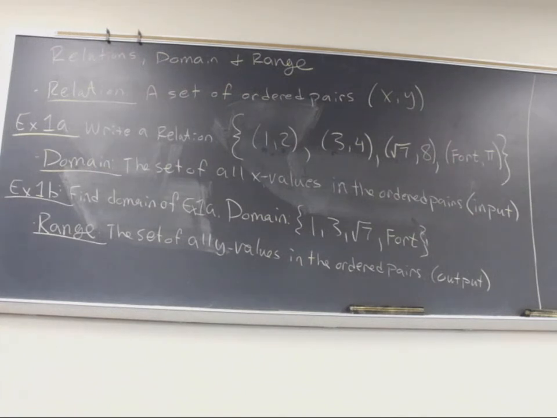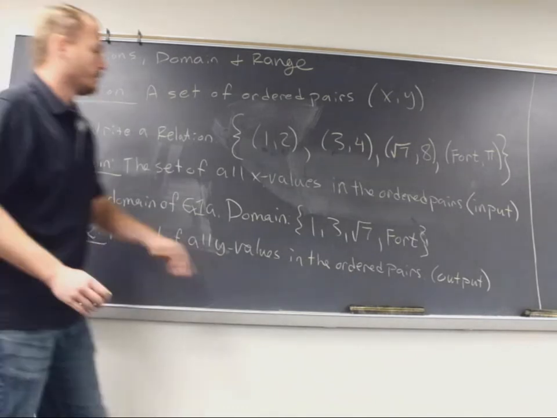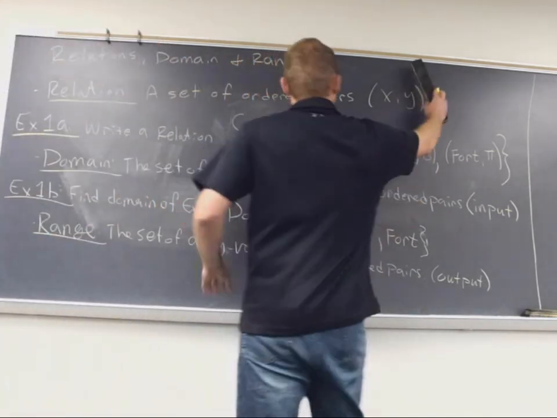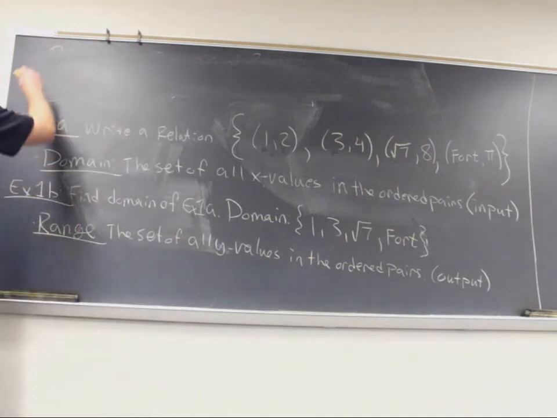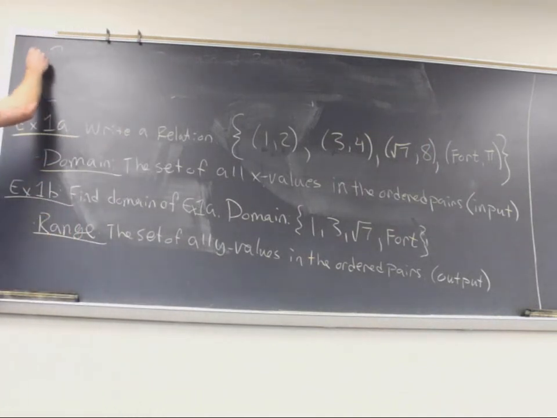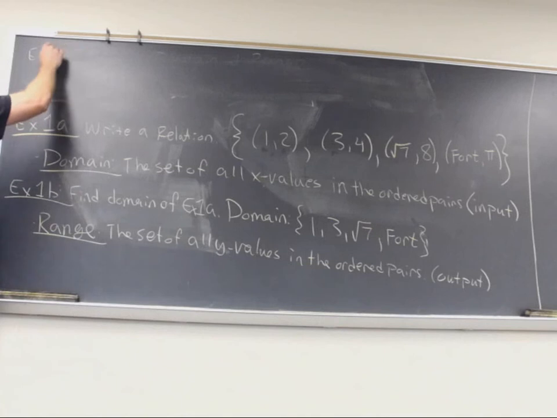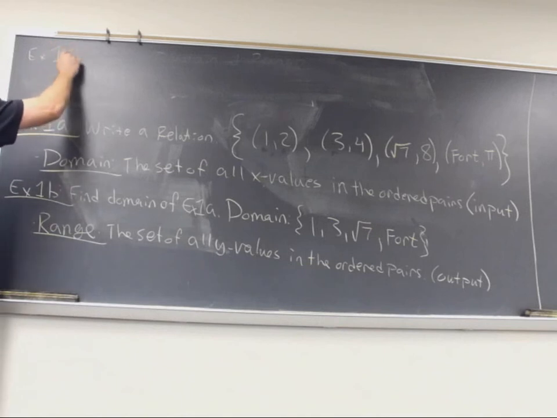And then to find the range of example 1a, I've ran out of room here, so I'm just going to write it at the top up here. This is example 1c.